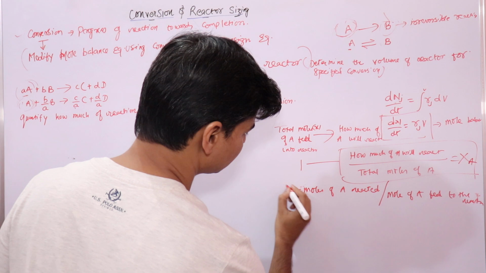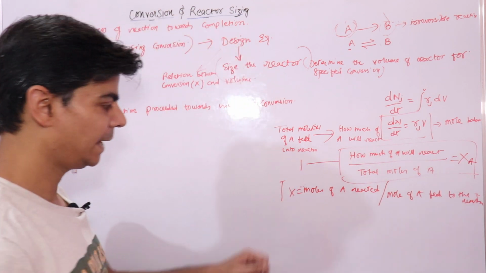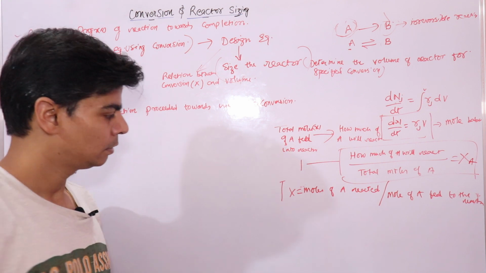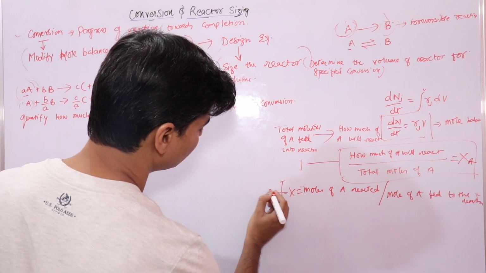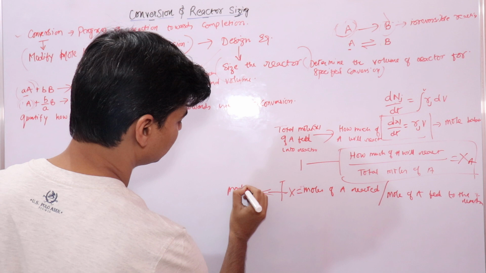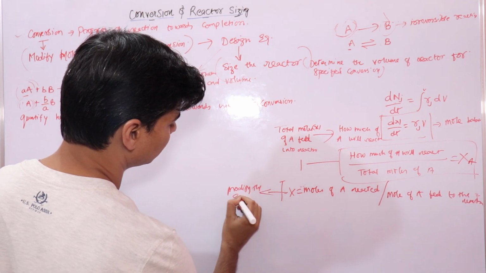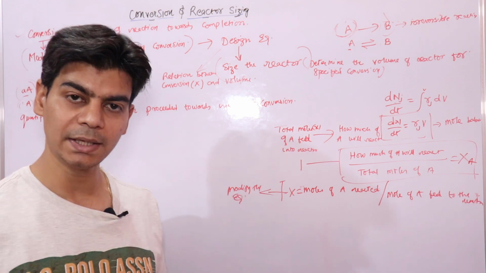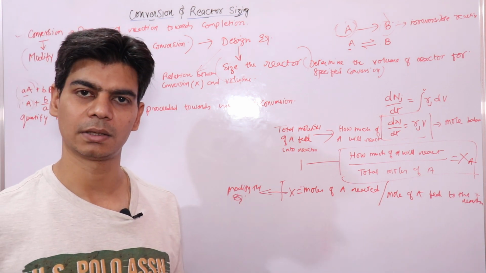Once you have this X, then you can go ahead and modify the mole balance equation. Once you modify the equation, what you get is the design equation of a reactor, right.